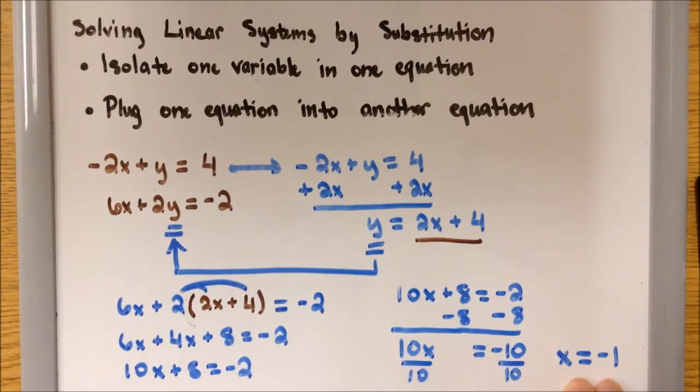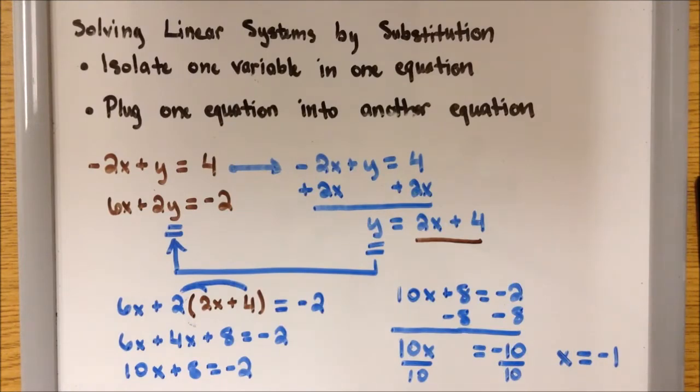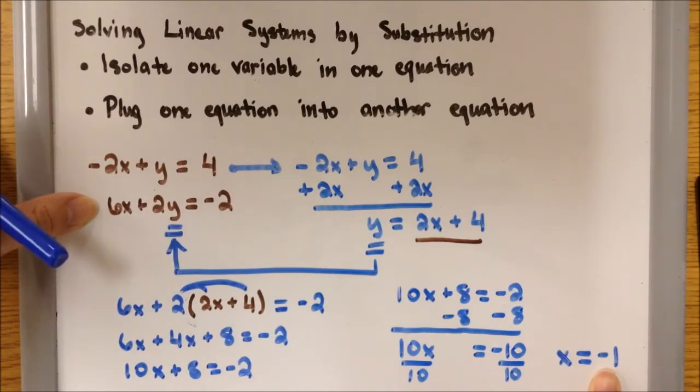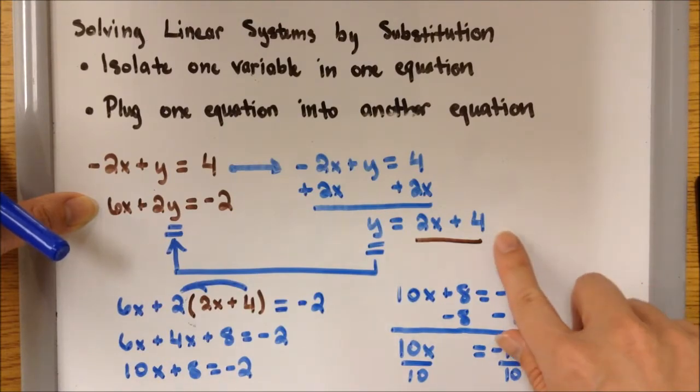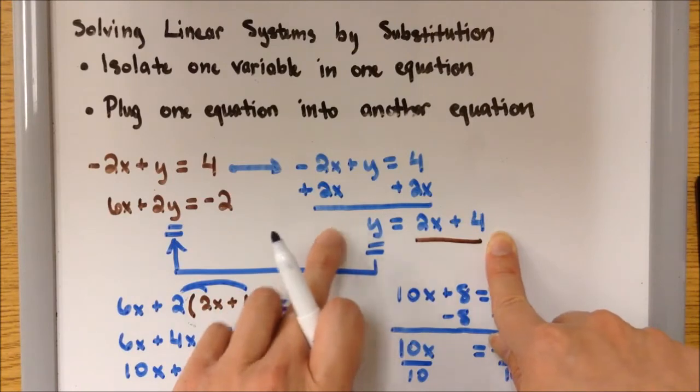But we're not finished. We need to solve for y. So there are 3 ways you can solve for y. You can plug negative 1 into the original first equation, or the original second equation, or you can simply plug it into where we got y by itself from equation 1, because that's what we're looking for.